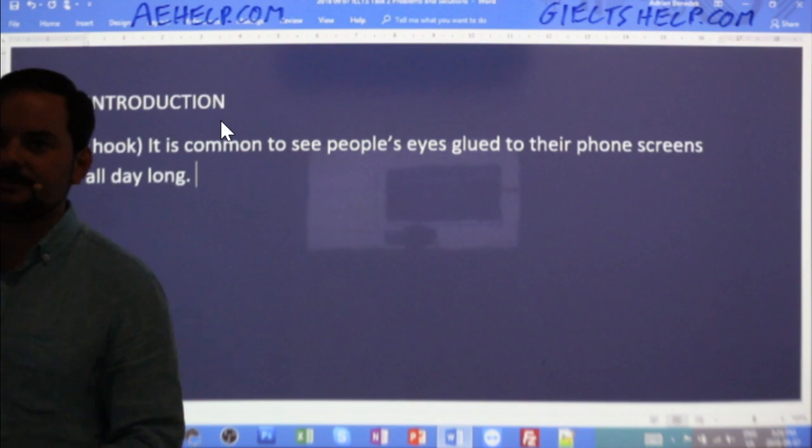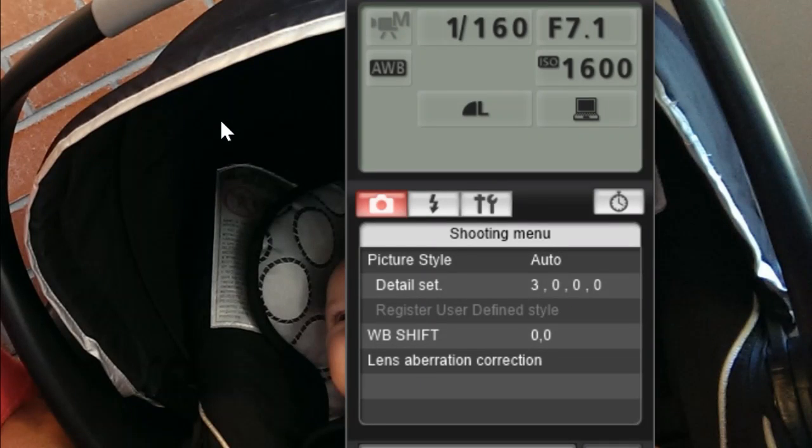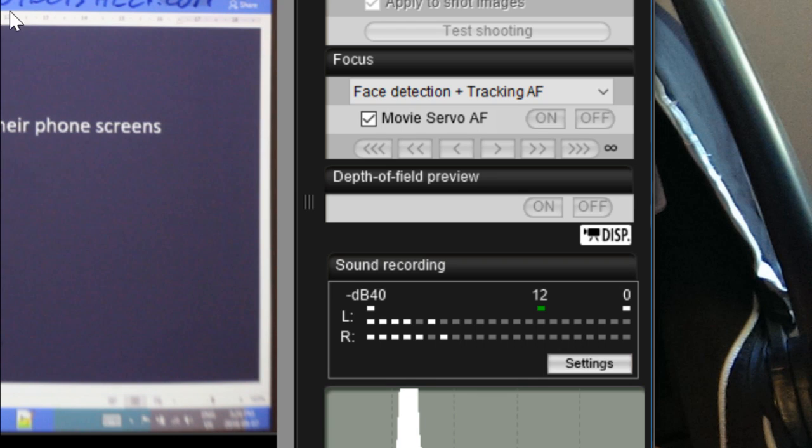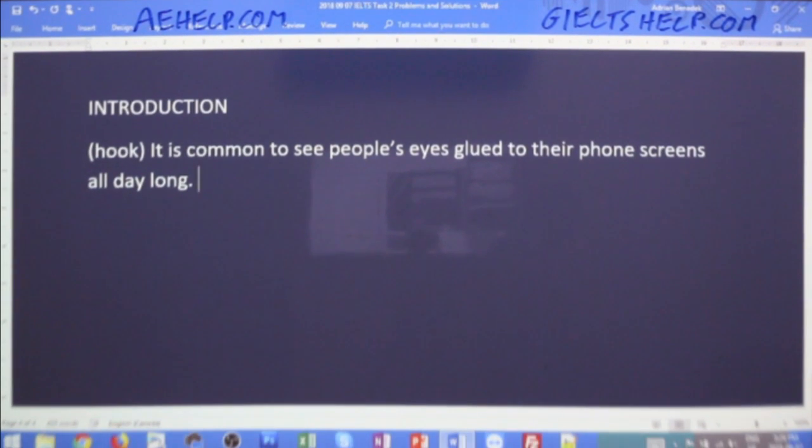Okay, so kind of similar to your hook, Jeffrey, just with a little bit of different phrasing. So it is common to see people's eyes glued to their phone screens all day long. Sure.